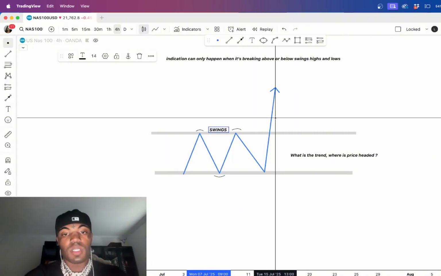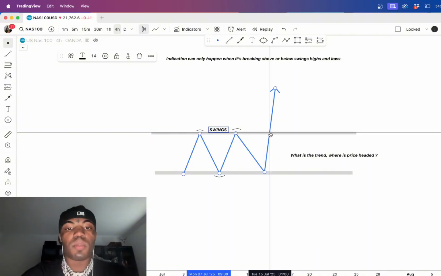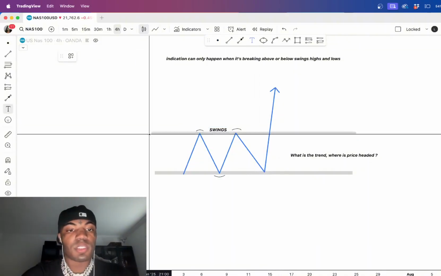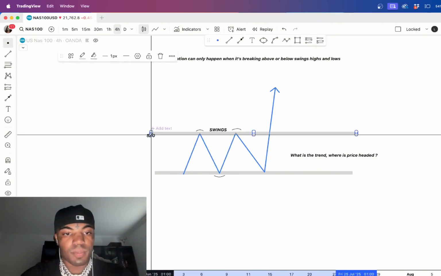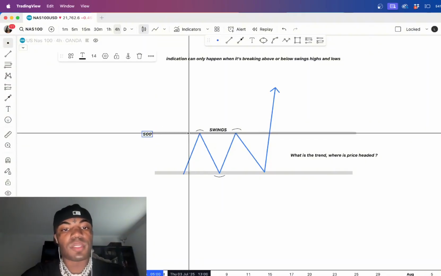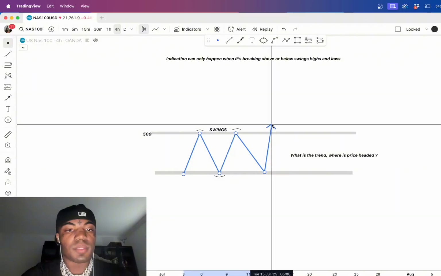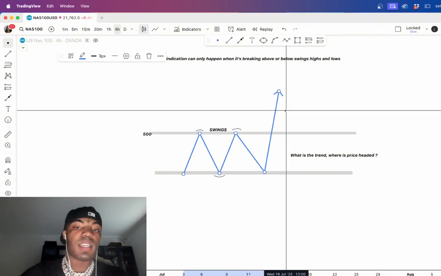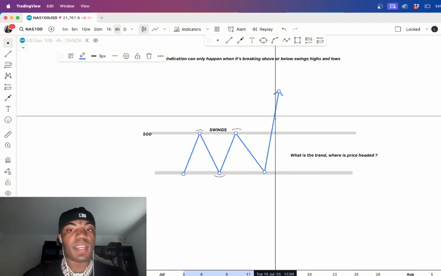So this indication also shows a certain price point. Let's say this gray area is 500, right? This level of 500, price breaks above that 500 level. So this means anything above 500 will have the same momentum as it had before.